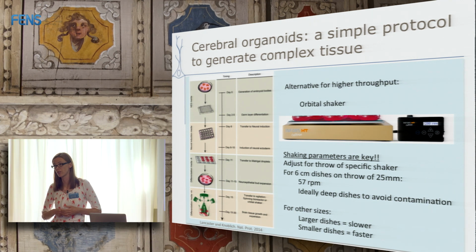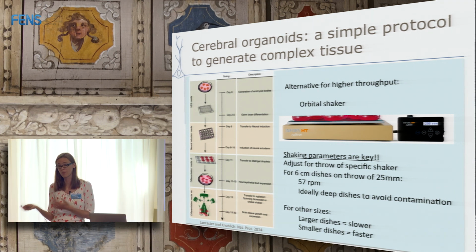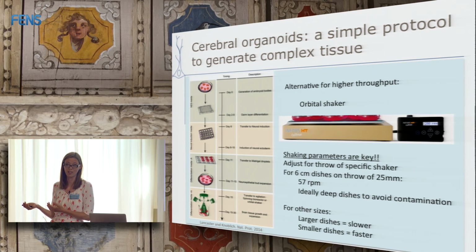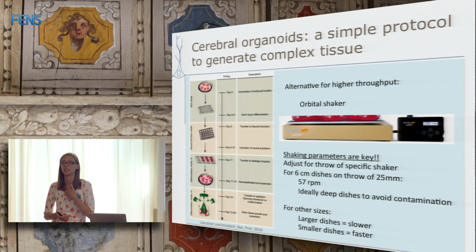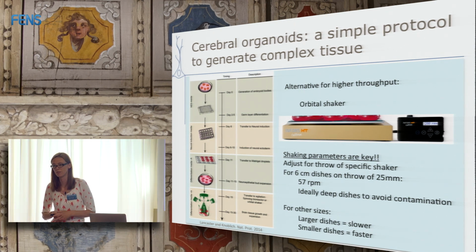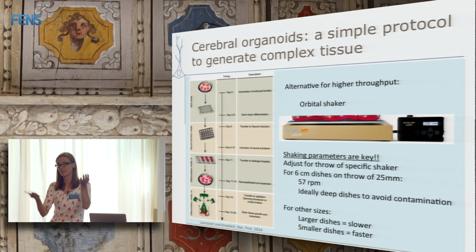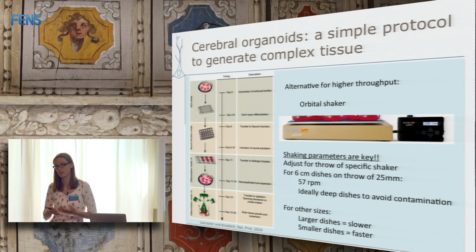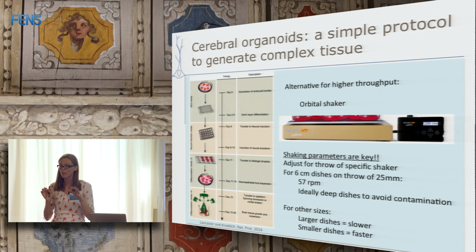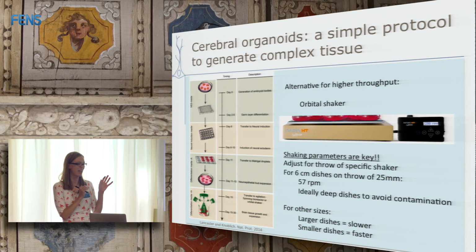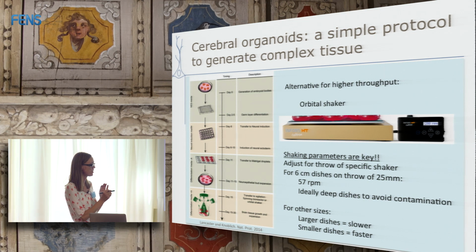Size of the particles: organoids change in size over time, so ideally we might have to change the shaking speed as they grow. But we don't do that because we have all different staged organoids on there. It's not realistic. There are a lot of variables, and what we found is that this works.